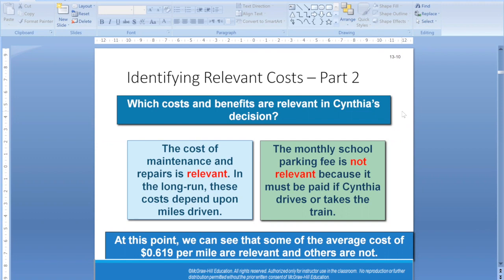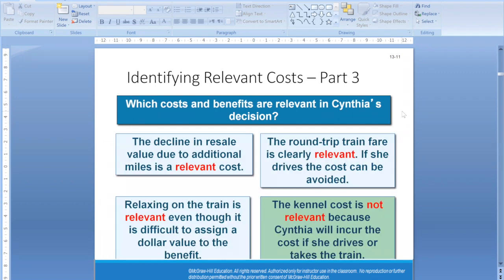At this point, we can see that some of the average costs of 6.19 cents per mile are relevant and others are not relevant. So, the decline in the resale value: if you compare a private car and a taxi, the resale value is definitely different. Why?